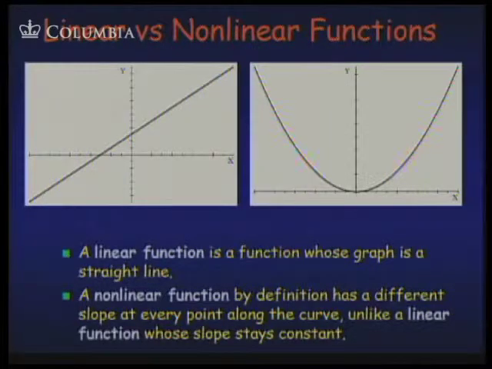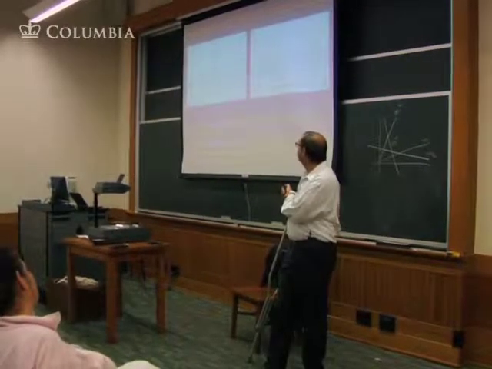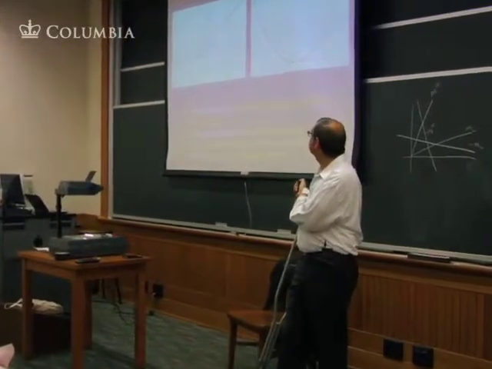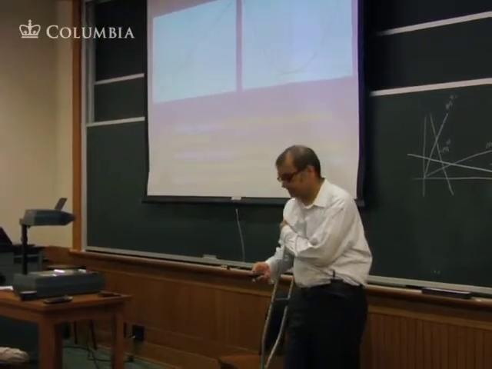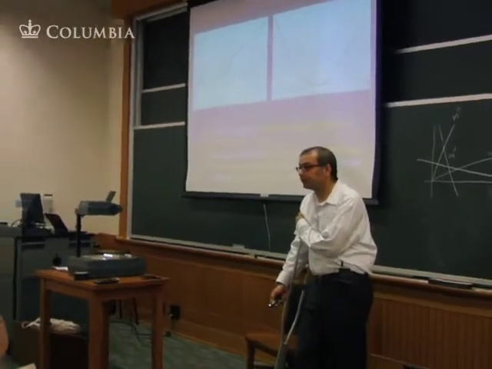So this is a nonlinear function. Here it is steeply downward sloping. Here it's gradually downward sloping. Here it's flat. Here it's steeply upward sloping. So its slope changes. It is a nonlinear function.